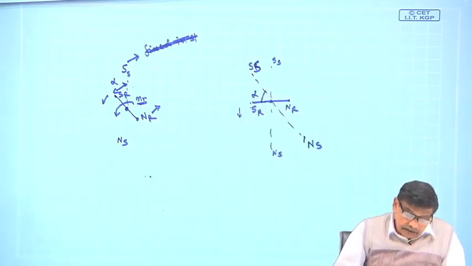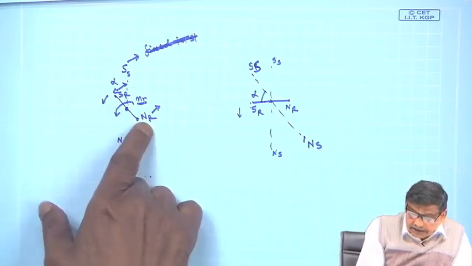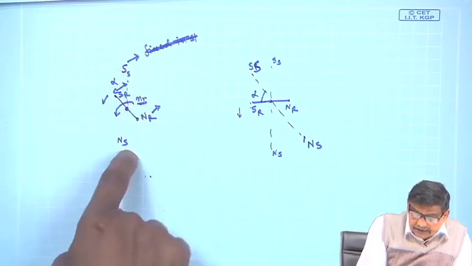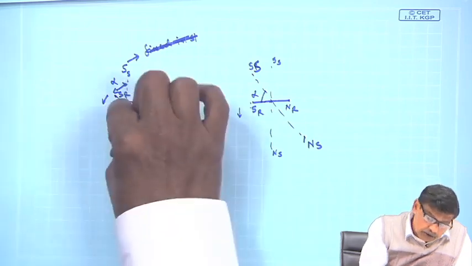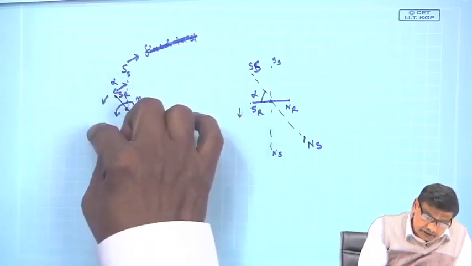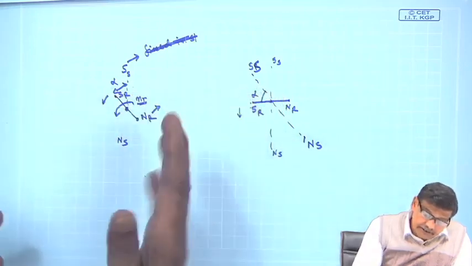I am repeating. So, SR NR was there initially, SS NS in this position, and if I hold it, it experiences a torque in the anticlockwise direction.